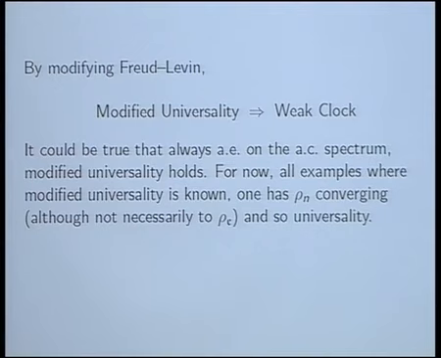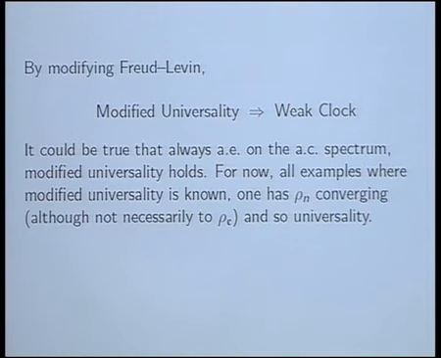And I actually believe there's a conjecture in the paper of Avila, Last, and Simon that says almost everywhere on the AC part of the measure, one has this modified universality, no regularity conditions, and that would imply weak clock behavior.